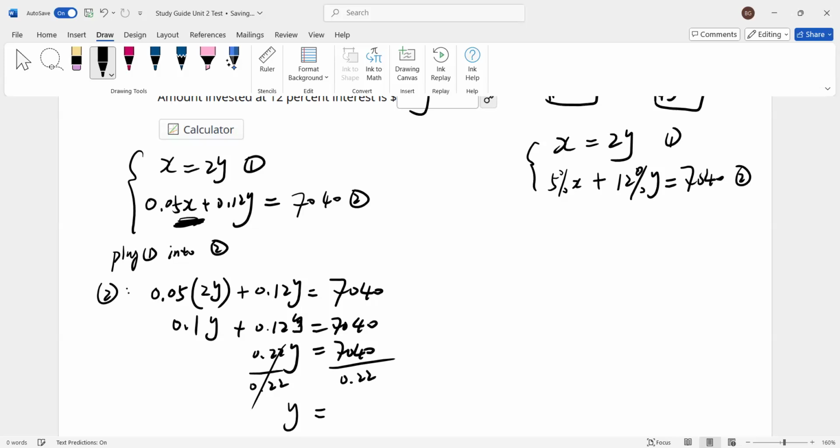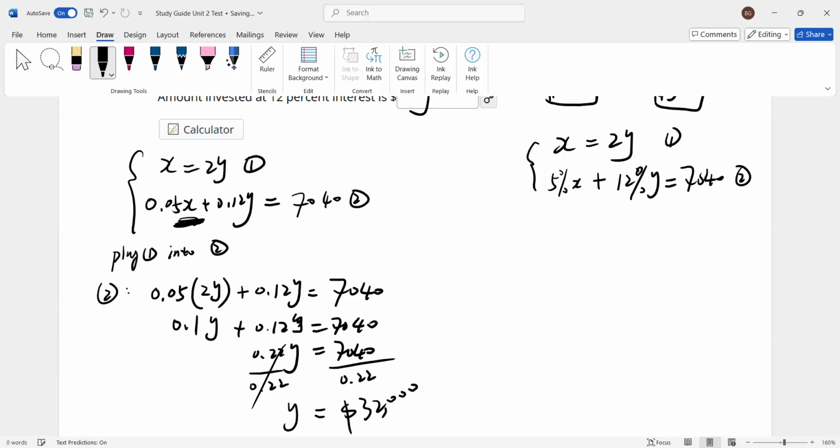Let's use a calculator. 7040 divided by 0.22 is 32 grand.